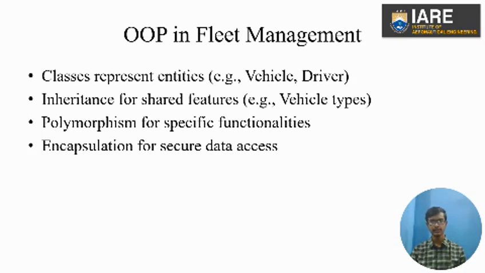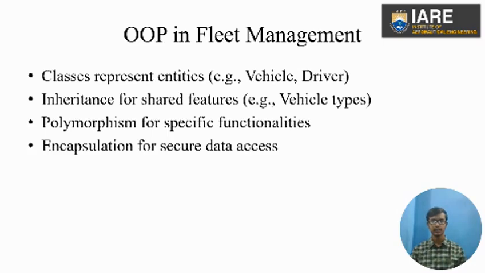The first thing is classes represent entities like vehicle and driver. That means vehicle can also be treated as a class and driver can also be treated as a class. The second one is that inheritance can be represented for shared features, for example vehicle types, which can be treated as a part of inheritance which is happening in fleet management system.